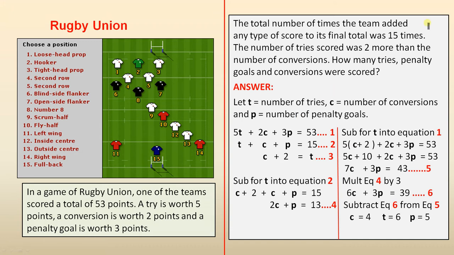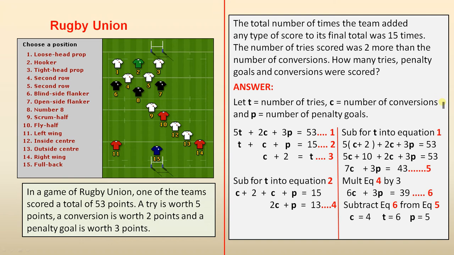The total number of times the team added any type of score to its final total was 15 times. In other words, that's the total number of times that the team scored. Doesn't matter what type of score it was, that's how many times they scored. The number of tries scored was 2 more than the number of conversions. The question is, how many tries, penalty goals, and conversions were scored?